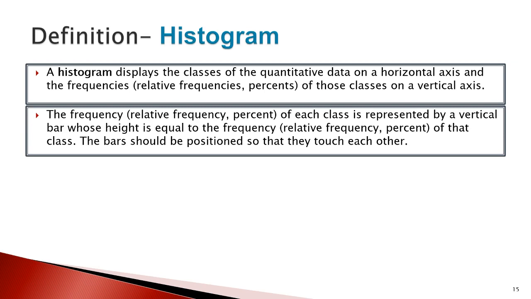The frequency of each class is represented by a vertical bar whose height equals the frequency value or the relative frequency value. Every bar should touch the bars on either side of it, so that they touch each other. That is a characteristic of a histogram.